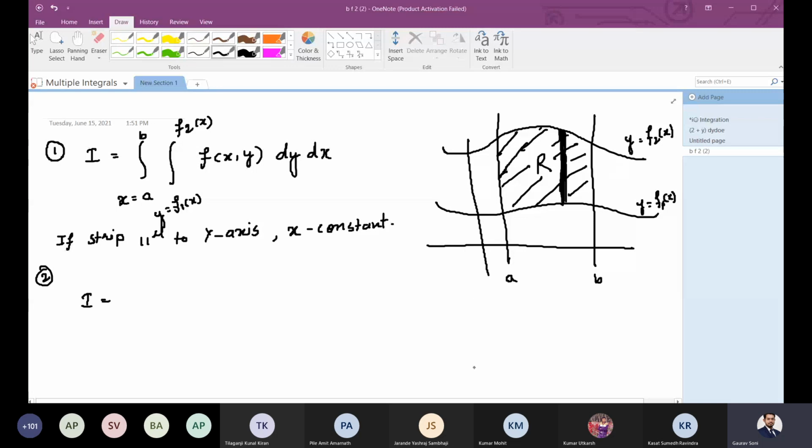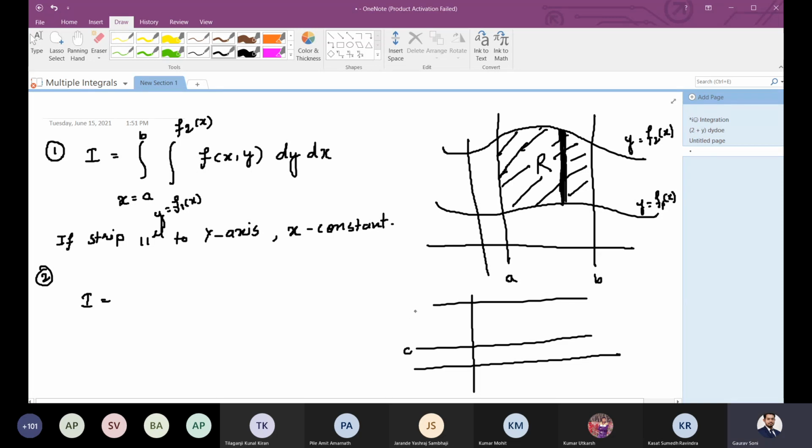Second, I'll draw another diagram now. This is c, this is d, this is x equal to g1 of y, x equal to g2 of y.